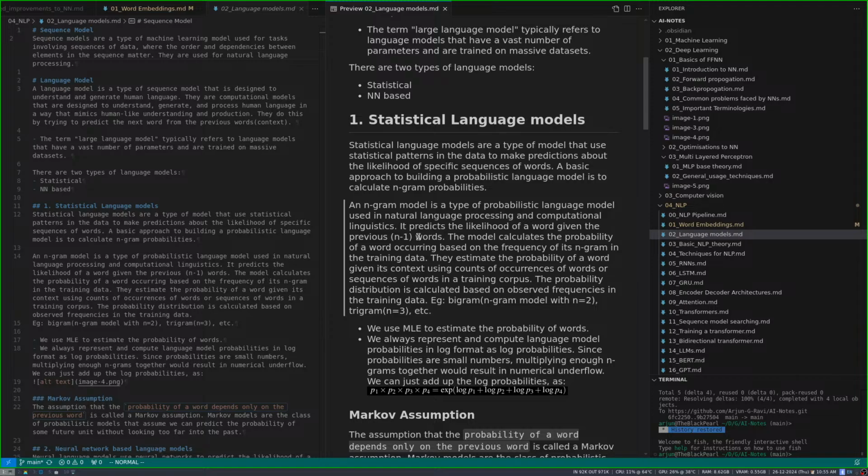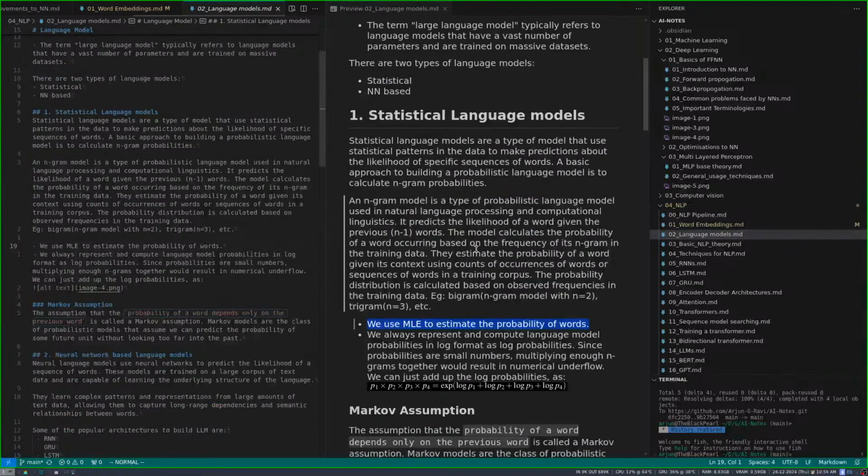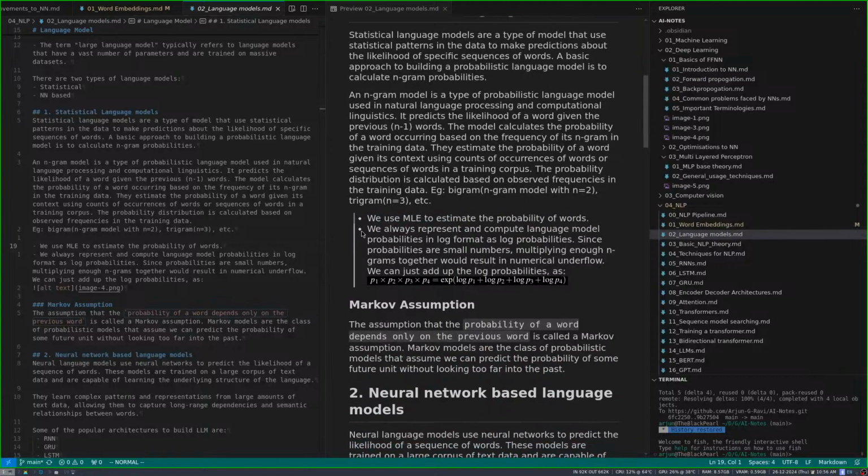So a bigram model takes in one word and predicts the next. We can multiply up the probabilities.